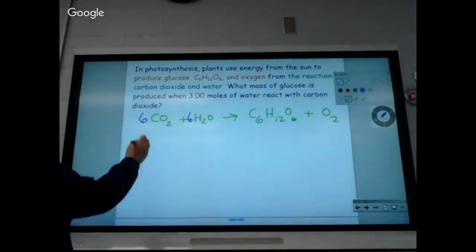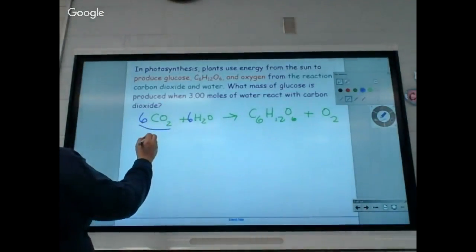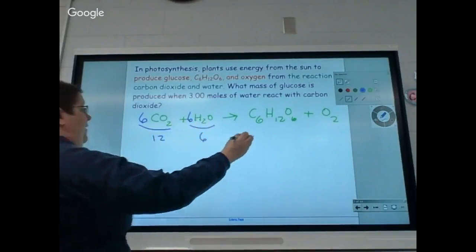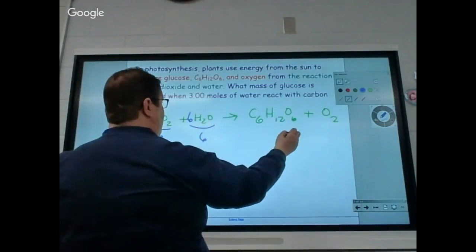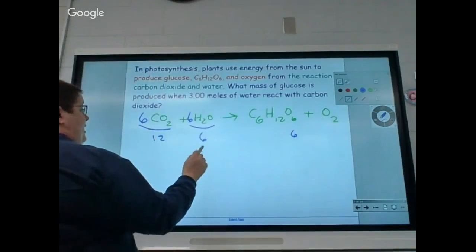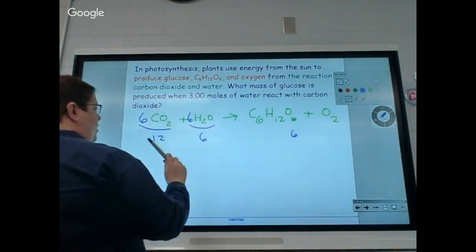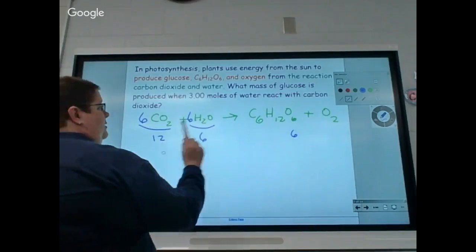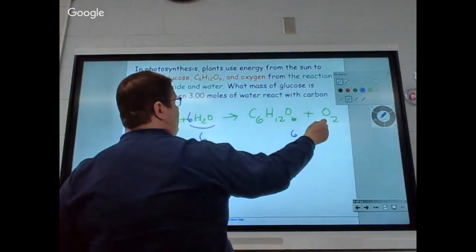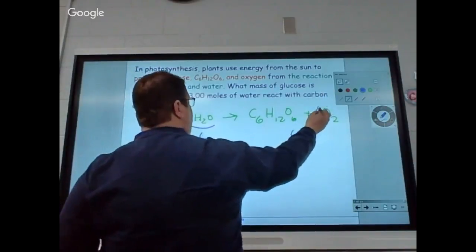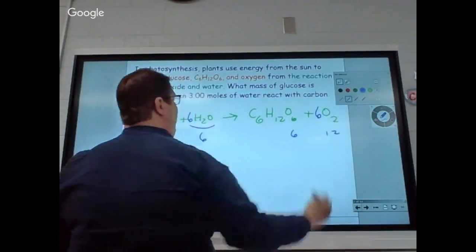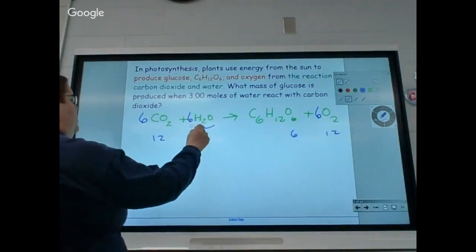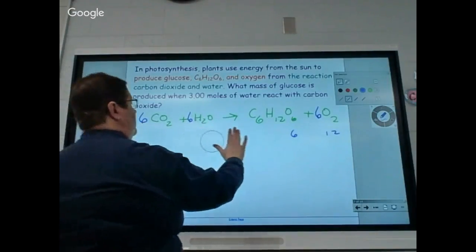How many O's here? I have 12 here, right? So what can I put here to get the same number? Just put a 6 there, and then I'll have 12 there, and it'll balance. Let me get rid of those.